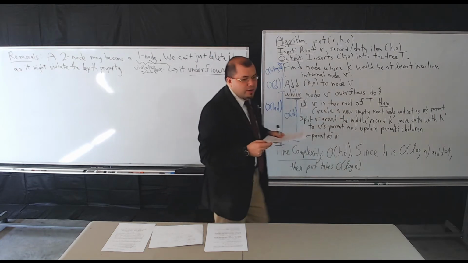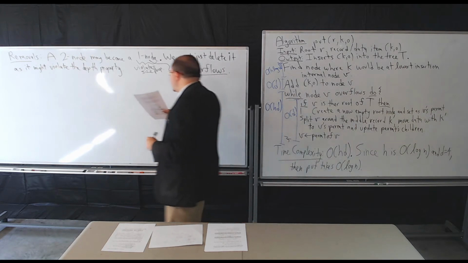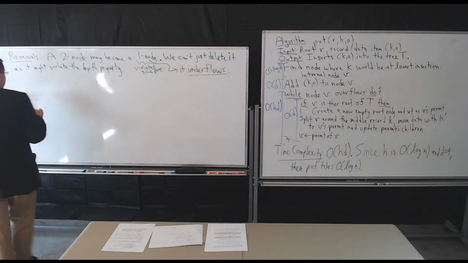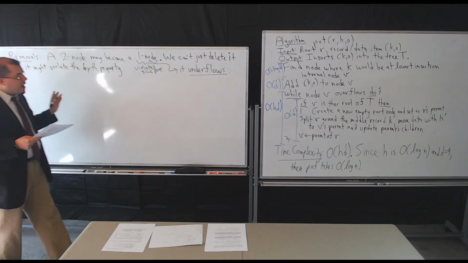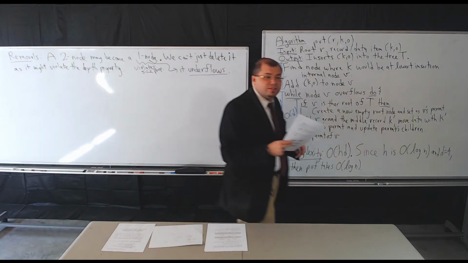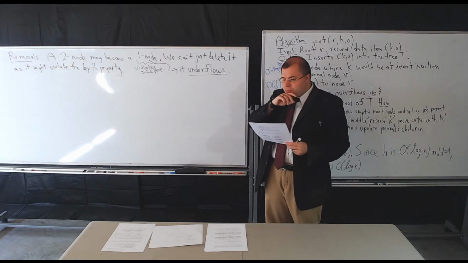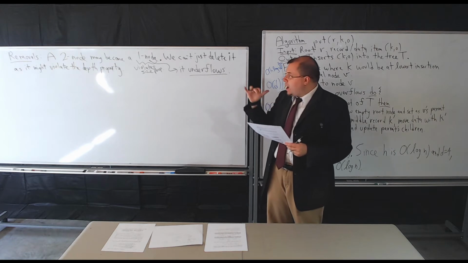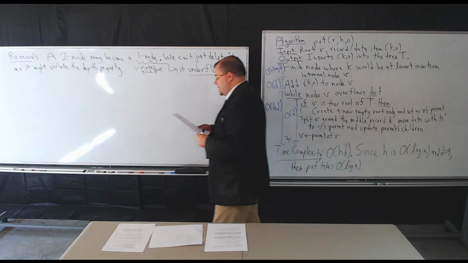So if a 1 node occurs, we say it underflows. Now, there's a couple of things you have to keep in mind. Remember, we might have siblings for this node. So I might have a sibling for my 1 node, and I want to try to look at them like one big family.